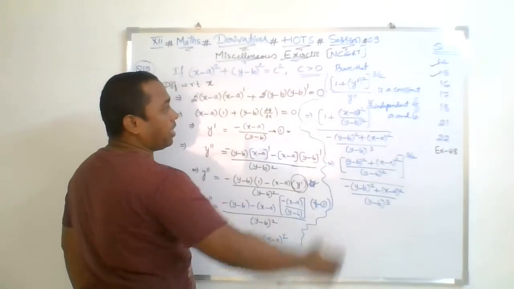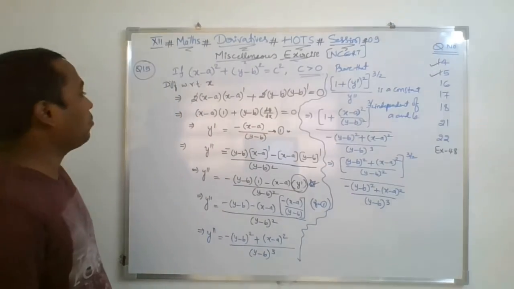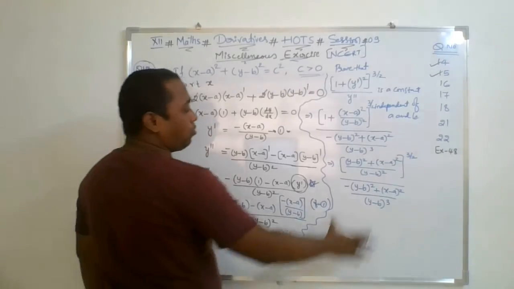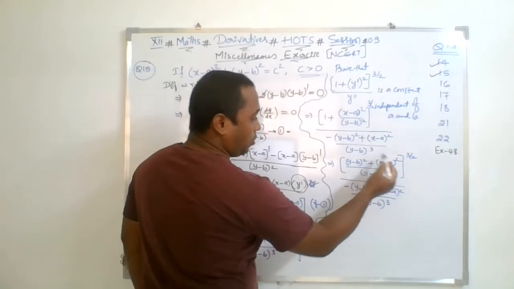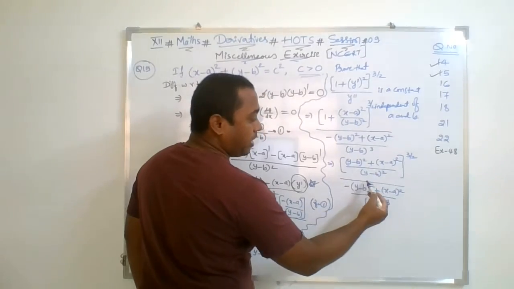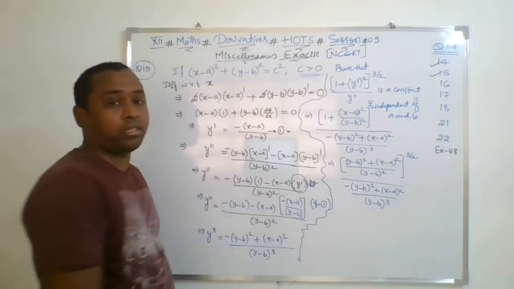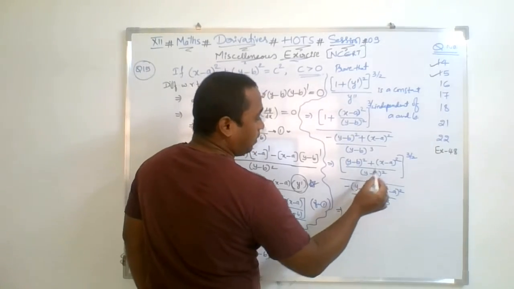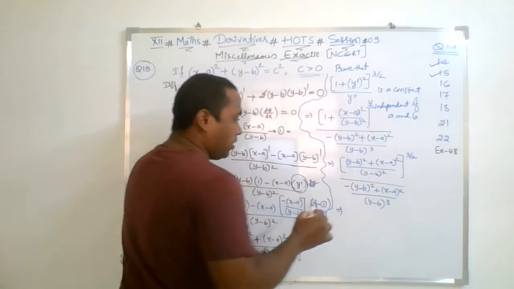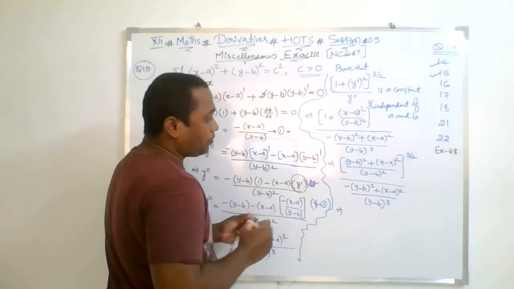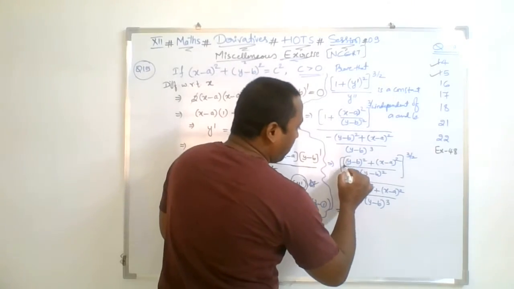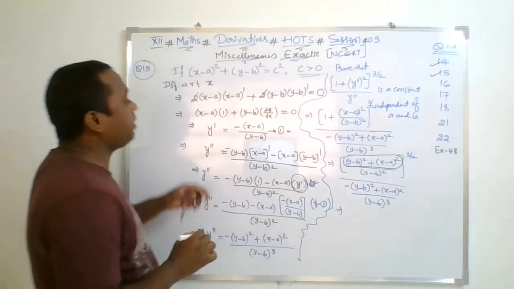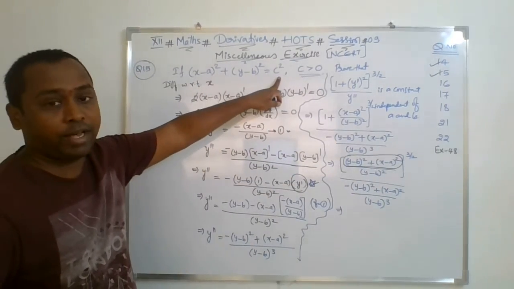There is a mistake in my solution, but still, I won't be able to reduce it because the numerator part is simplified, but the denominator part is not able to simplify. Now you can see the numerator part here. This can be reduced with c square.